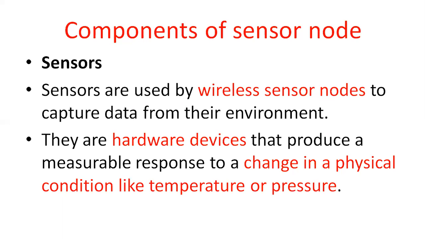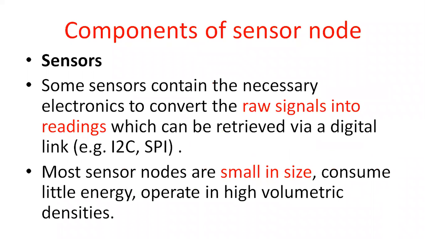Some sensors include the necessary electronics to convert the raw signal into readings that can be retrieved via a digital link, that may be an interface like I2C or SPI.